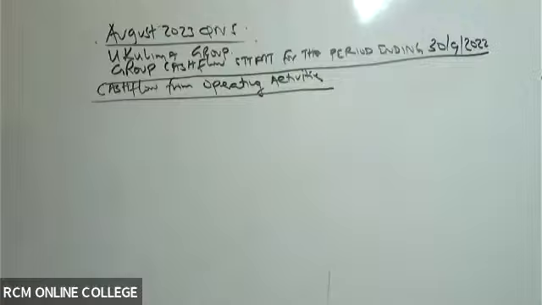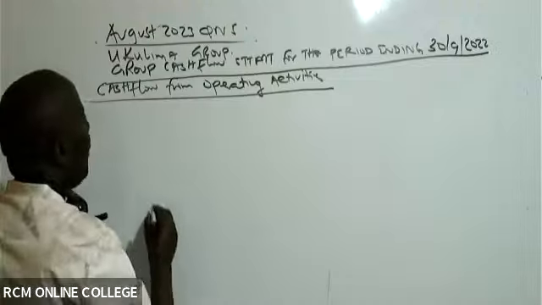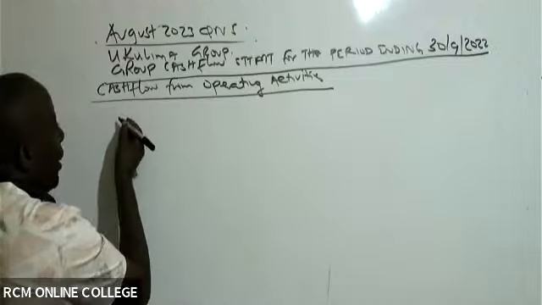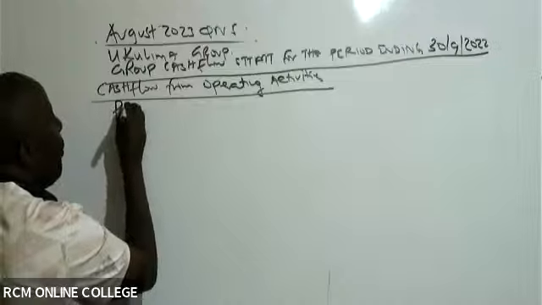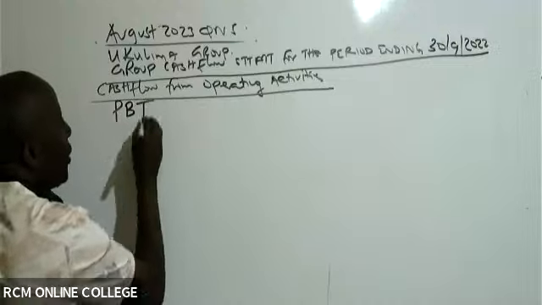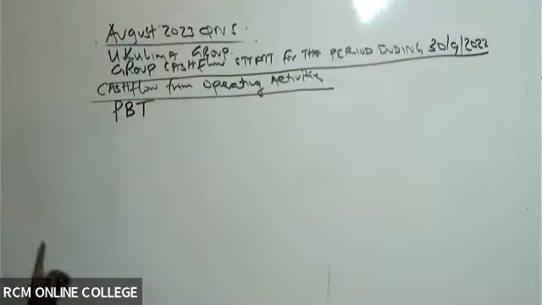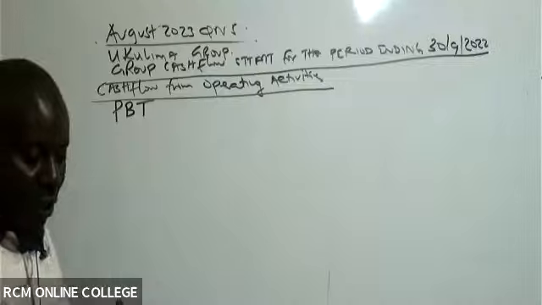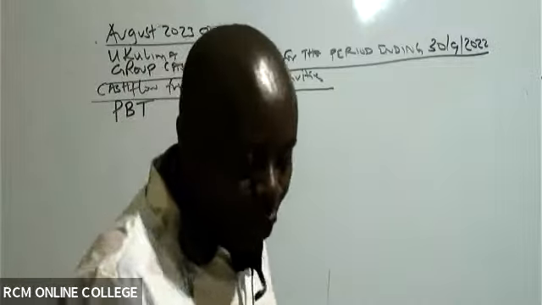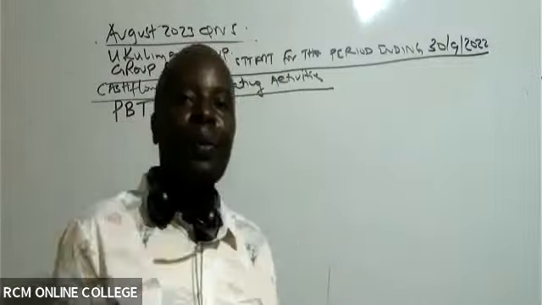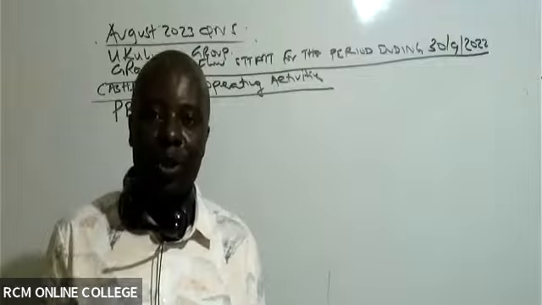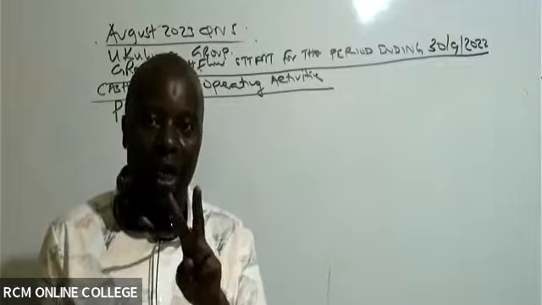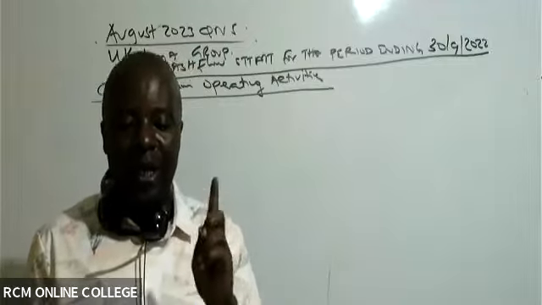All right. And of course, if it's the indirect method, you always start with the profit before tax. Is there somebody who is able to see the profit before tax in the income statement? Remember, for you to do this, you must be given statements of financial position for 2 years, and an income statement for 1 year.